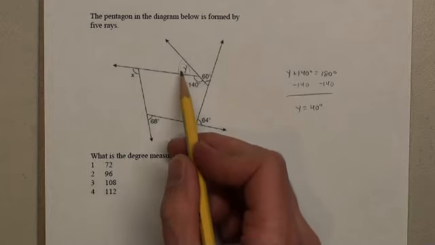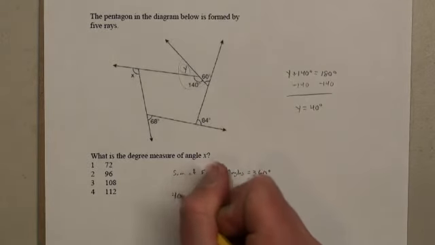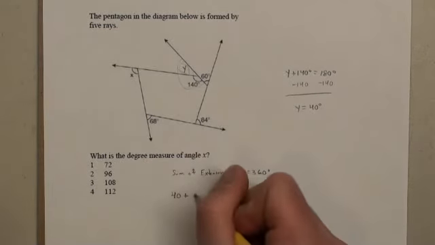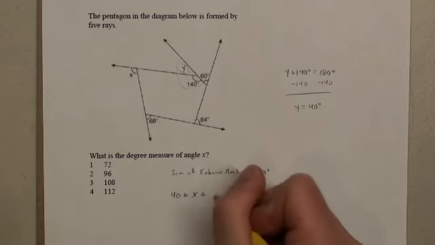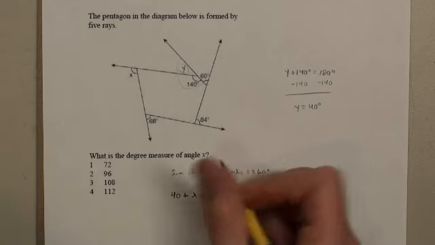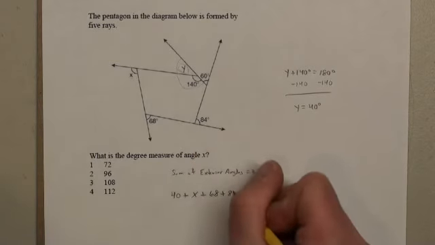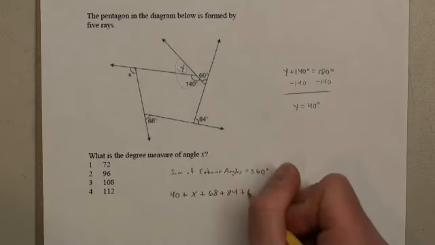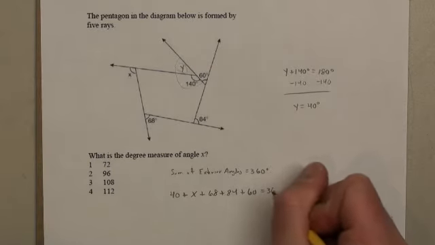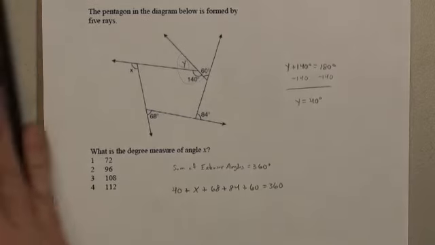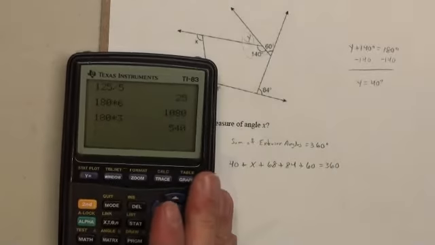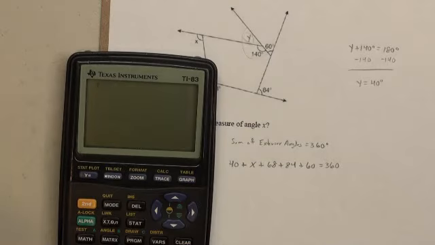So now we know that 40 plus x plus 68 plus 84 plus 60 has to equal 360. And then we just solve it like any equation. I'm going to add 40 to 68 to 84 to 60.